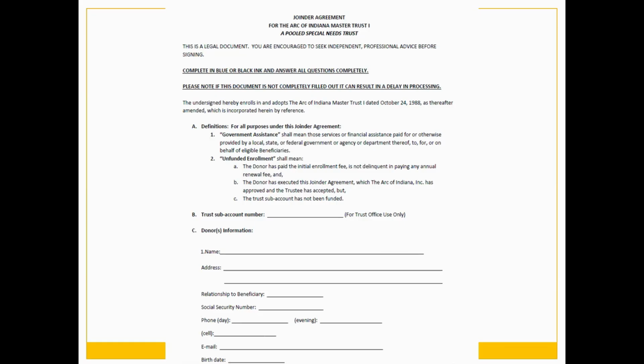There are 2 spots on the forms to include donors, and you can add more donors if you would like. Not everyone who wants to contribute to the trust needs to be listed formally as a donor. However, the individuals who are listed as donors on the enrollment forms will be the ones who are going to be authorized to make changes to trust information once the trust has been established.